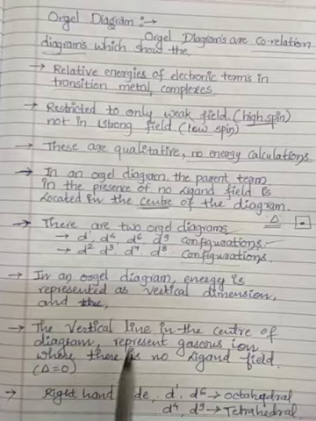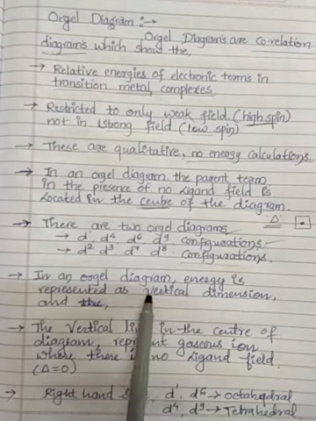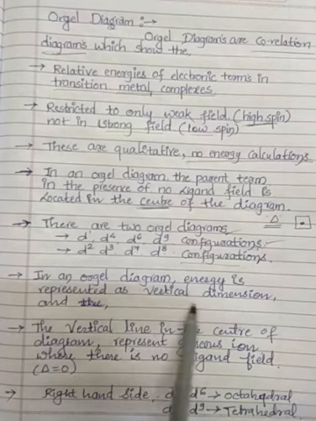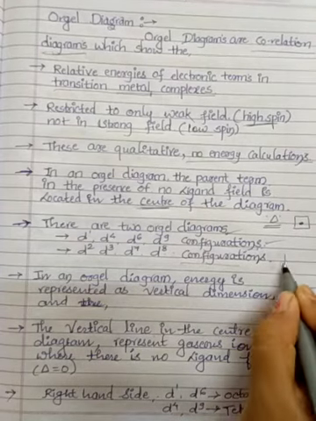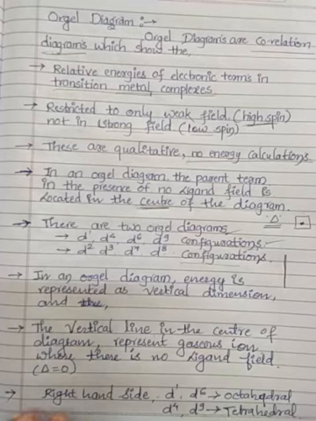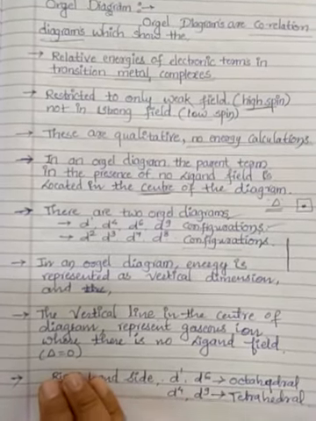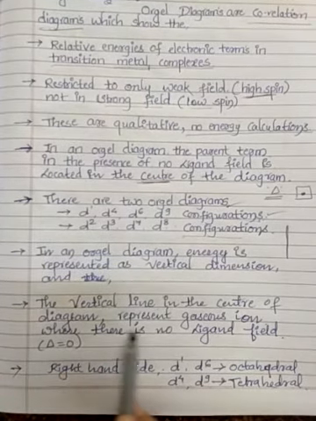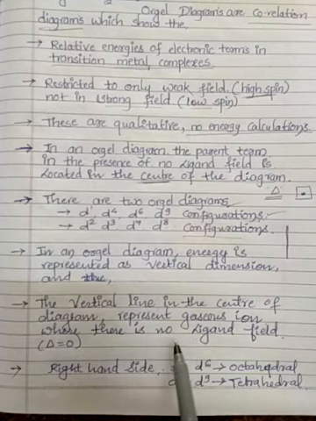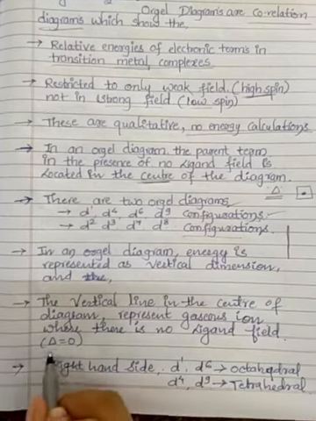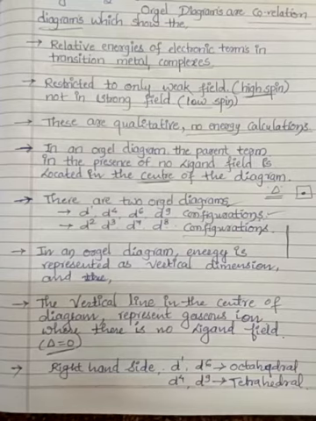Next, in an Orgel diagram, energy is represented in the vertical dimension. Energy can be represented by the vertical dimension itself. Next, the vertical line in the center of the diagram represents the gaseous ion, that is the free ion, where there is no ligand field at all, that is delta equal to 0.